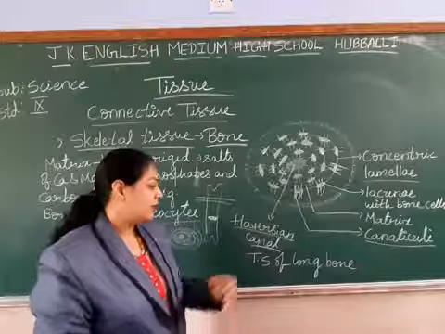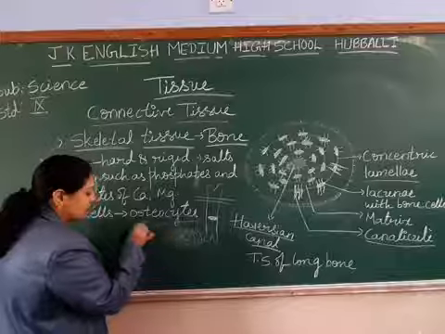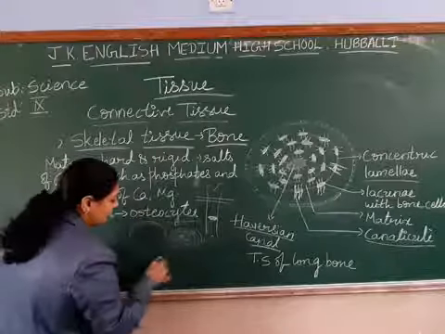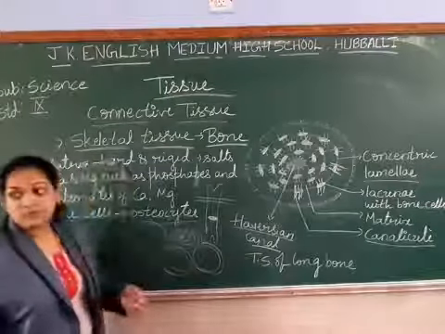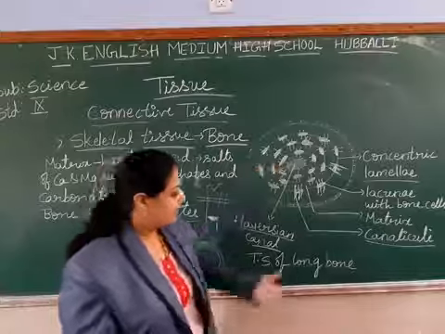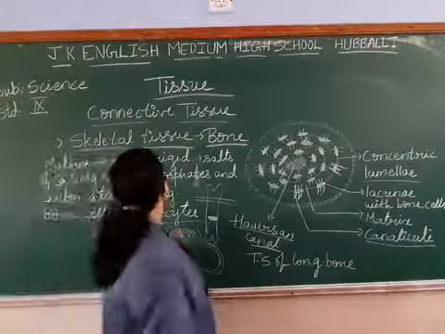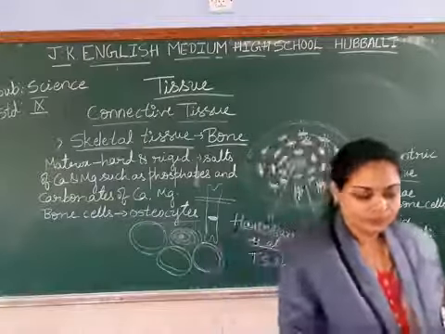And this is called the Haversian system. See, this is one. Again here the next Haversian canal will be there. Here is one. Like that it will continue. Just to make you understand in detail, I drew this one. Okay, students? So like this we find the skeletal tissues like cartilage and the bone.